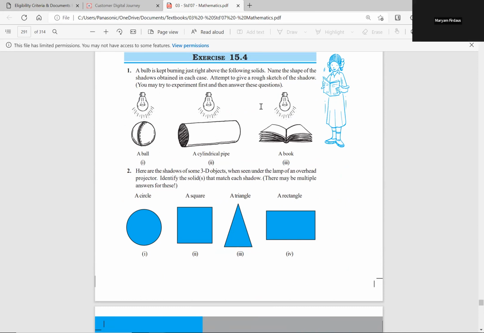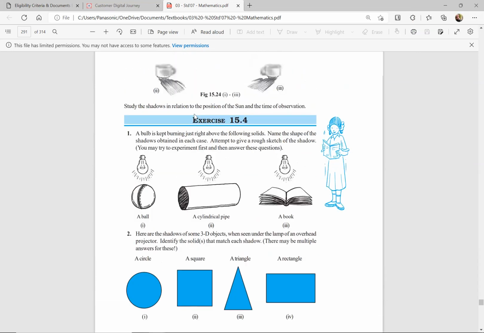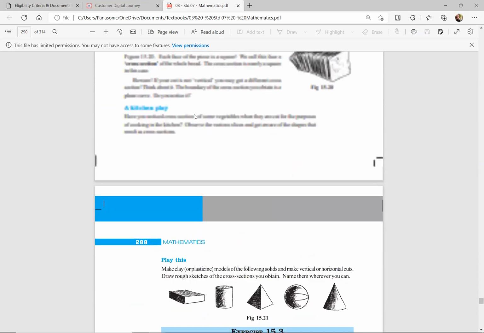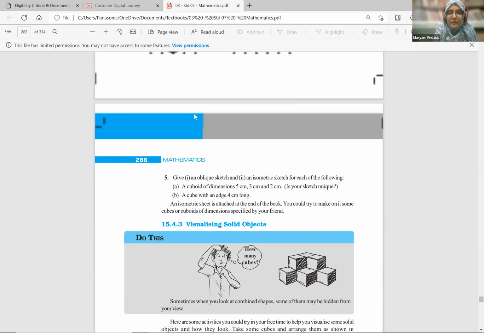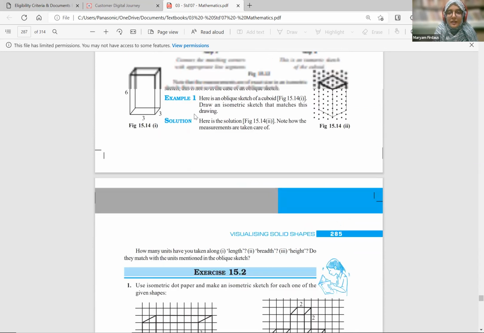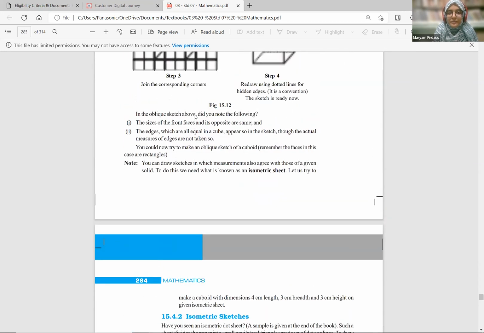I don't have the paper right now, but they asked something about the net. About the net. Okay, the net is a part of the first exercise, not the fourth. You said only 15.4 came. Net is a part of the first exercise.